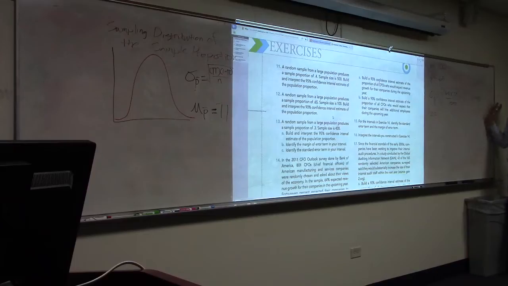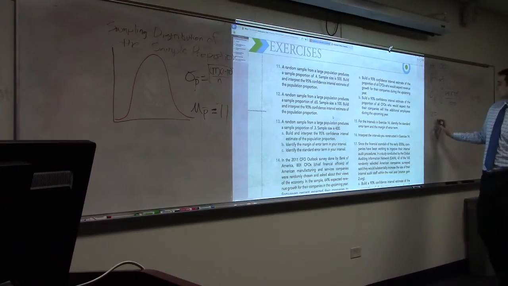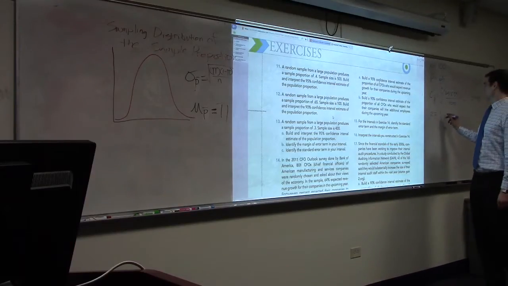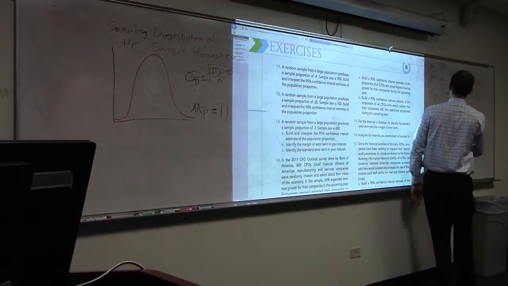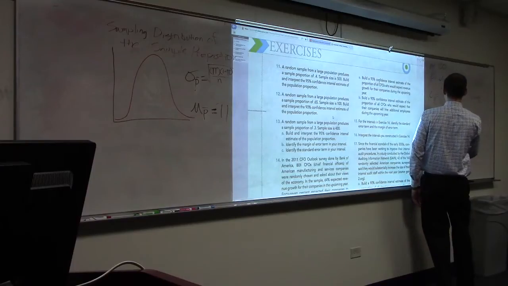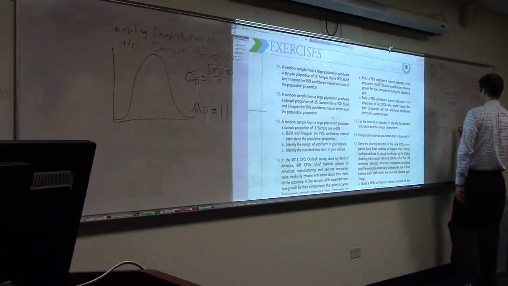Do we like that? So about 5%. All right, if we want to be 90% confident, what is our z-value going to be? 1.65. Excellent. So, times 0.048. So our confidence interval is going to be 0.65 plus or minus 1.65 times 0.048.